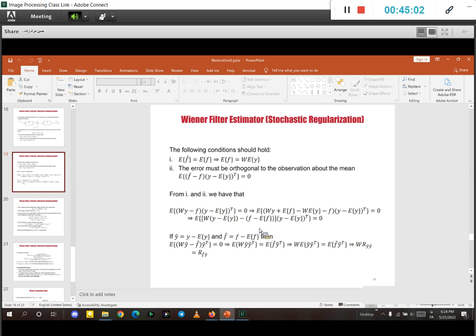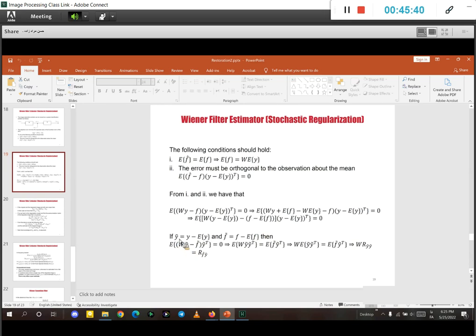For example, choosing some items, it is equal to the expected value of these two items: W dot y minus W dot the expected value of y, minus f minus the expected value of f, dot y minus the expected value of y, transpose. Again the same.